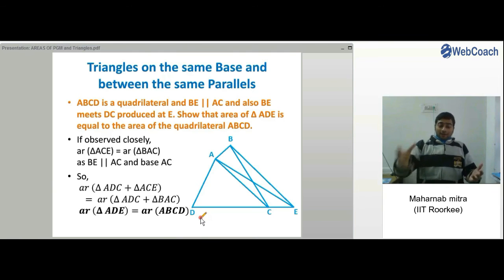And now if we add the areas of these triangles individually to the common triangle, we get the areas of the entire figures ADE and ABCD, and we can say that the areas of these two figures are the same. So you can see how we have easily used the theorems and the statements we have learned so far, which is triangles or parallelograms on the same base and between the same parallels have equal areas.